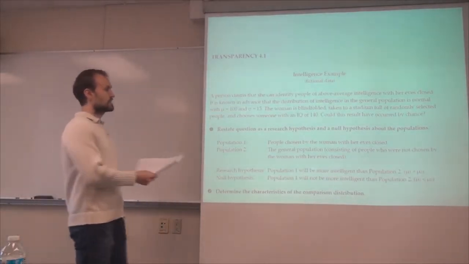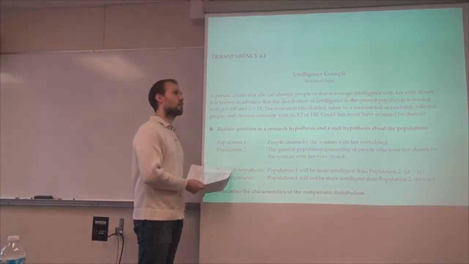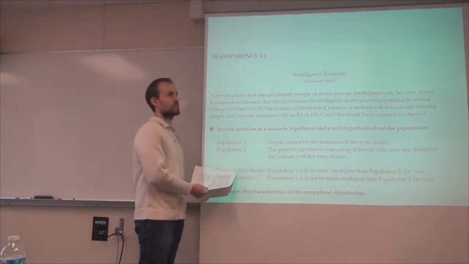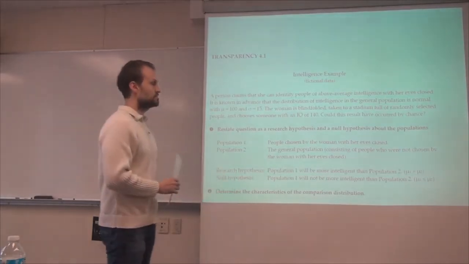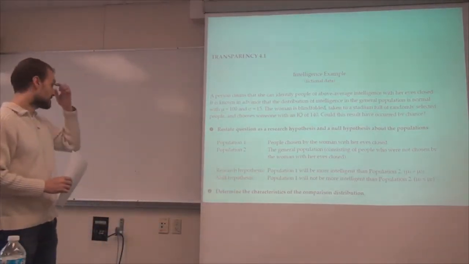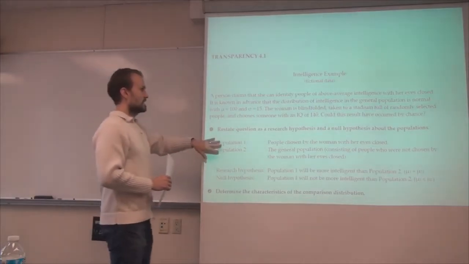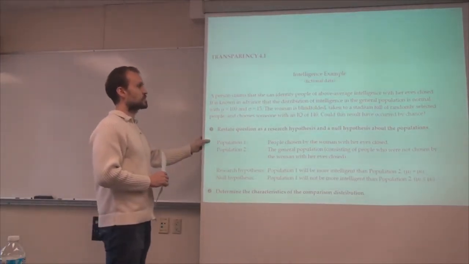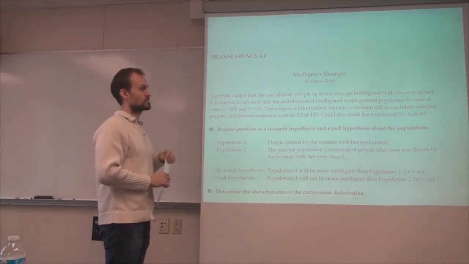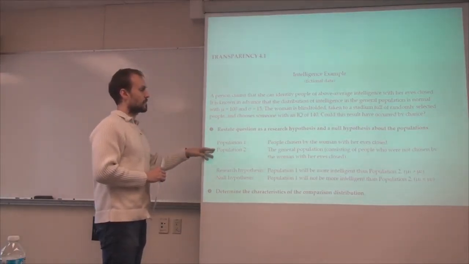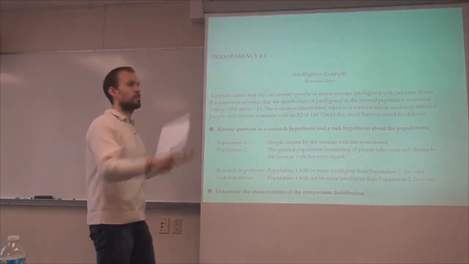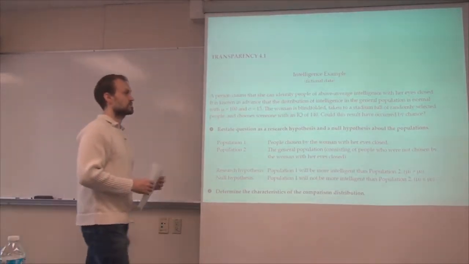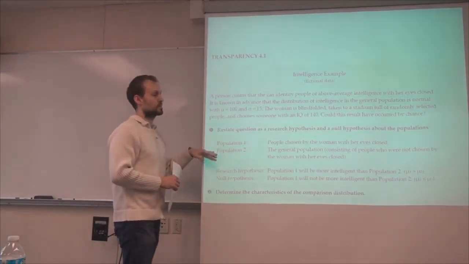So the research hypothesis is sort of what I want ideally. I want this to be true, but I don't know if it is. If I look at the two populations, population 1 is the people chosen by the woman, so it's just the one person. And population 2 is the whole population, the general population, the people not chosen by her.